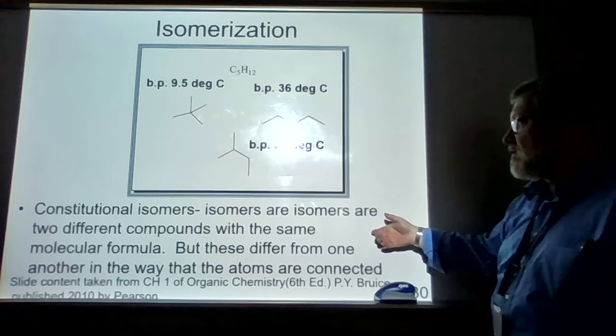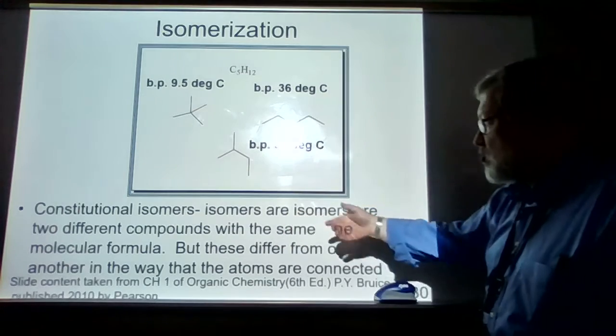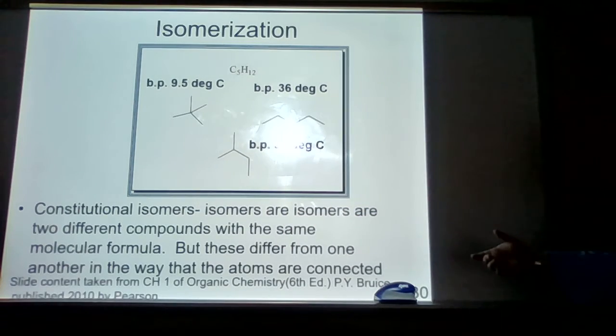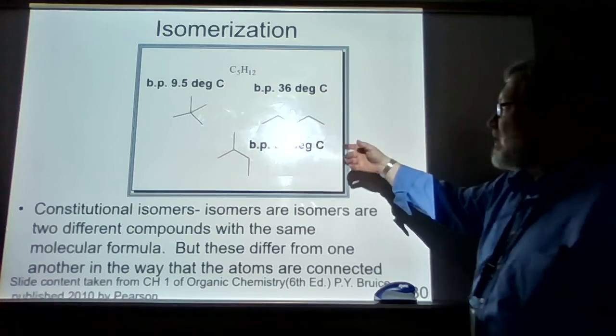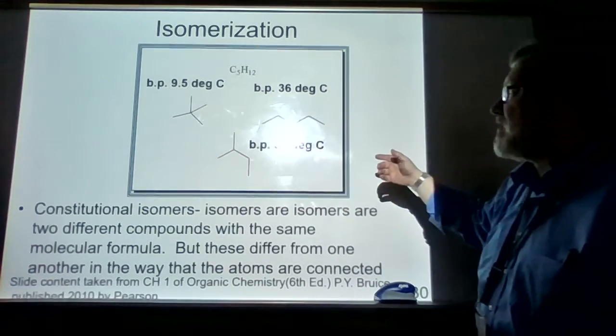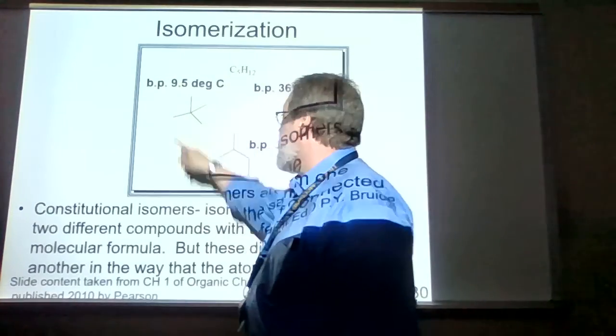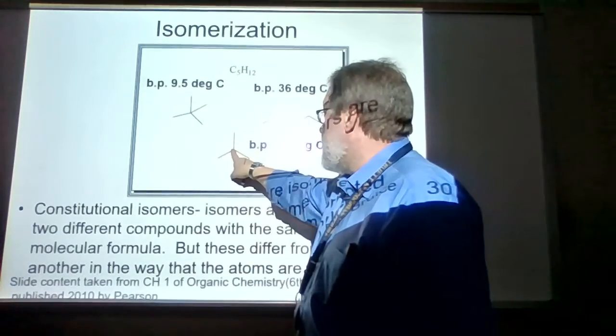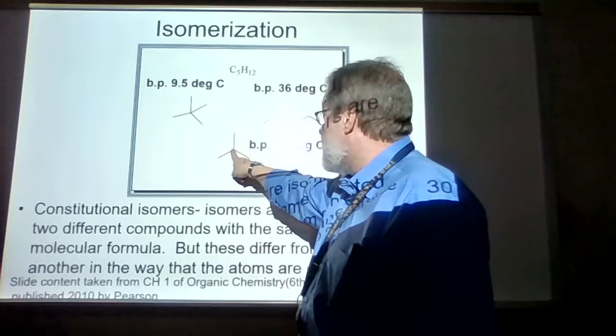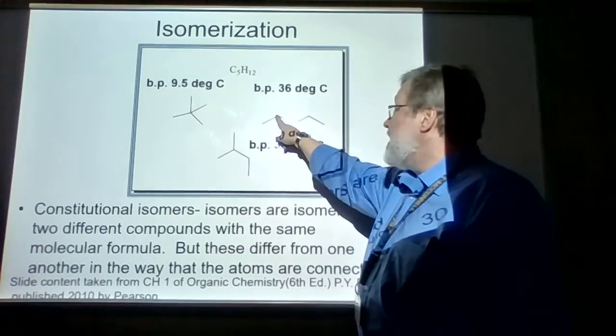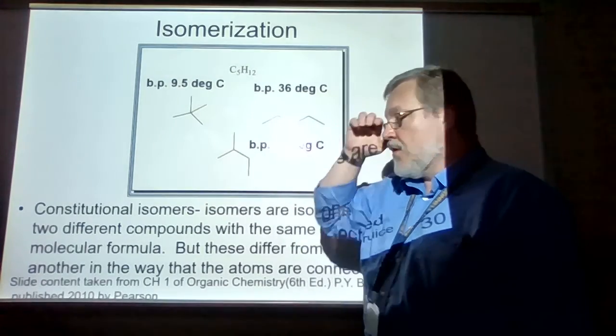Isomers are compounds that have the same molecular formula, but different atomic connectivity. This carbon is connected to 4 carbon atoms. This carbon atom is connected to 3. This carbon atom is connected to 2.